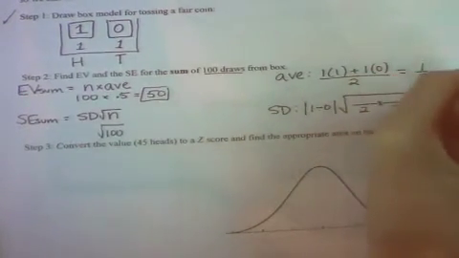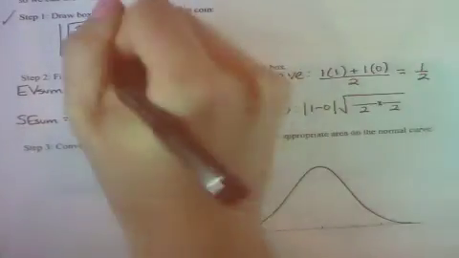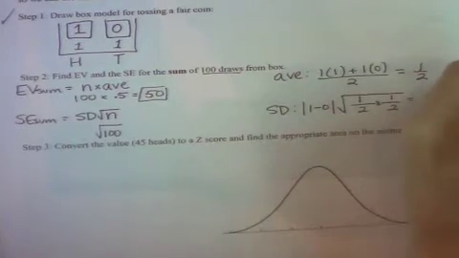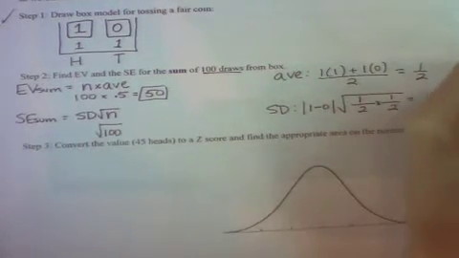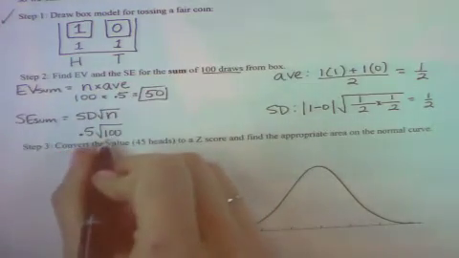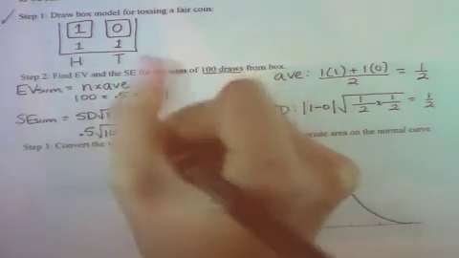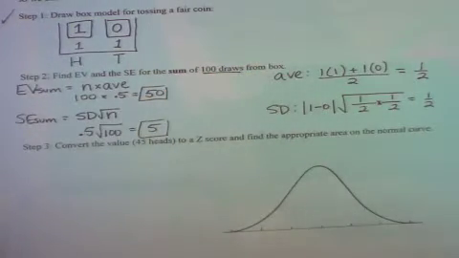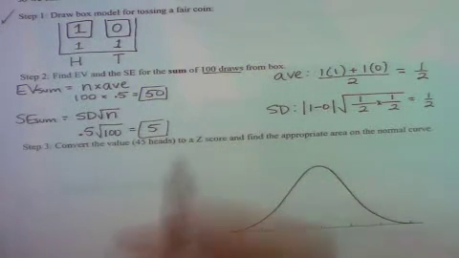So we've got 2 tickets total, 1 ticket that says 1, 1 ticket that says 0. So our standard deviation is also 1/2. Okay, so there we go. So we're going to do 0.5 times the square root of 100. And that is going to get us 5. Anybody lost? This is all stuff you've done before, right? Okay, so step 2, complete.